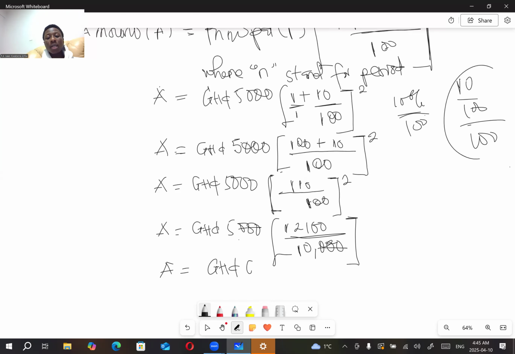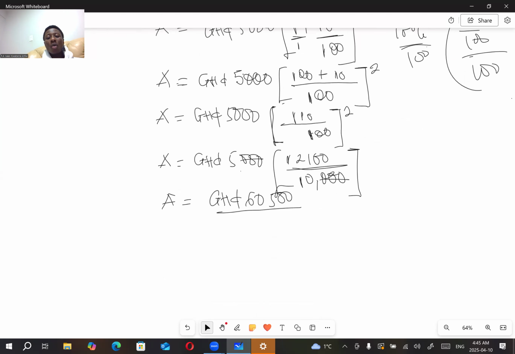So it's what? 60,500, right? All over. There was some cancellation, so you are left with what? 10. And then even with this, the zero will cancel the zero. I don't like you to be deducting your work with the cancellation, so avoid it when you can.